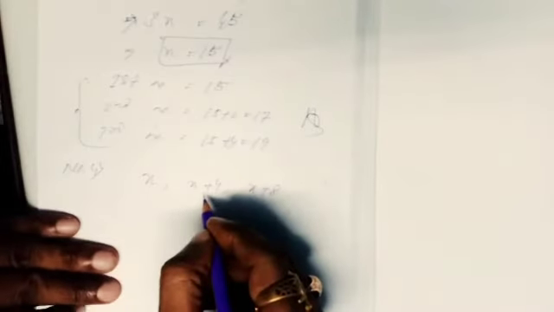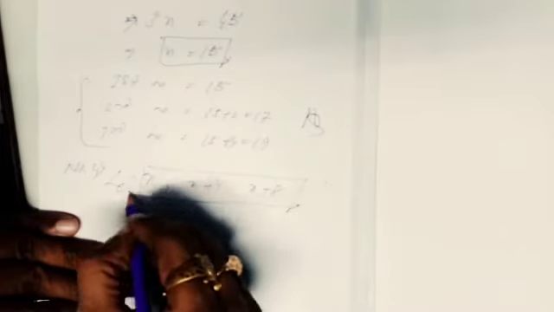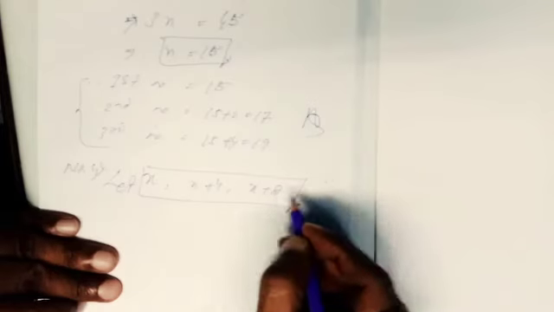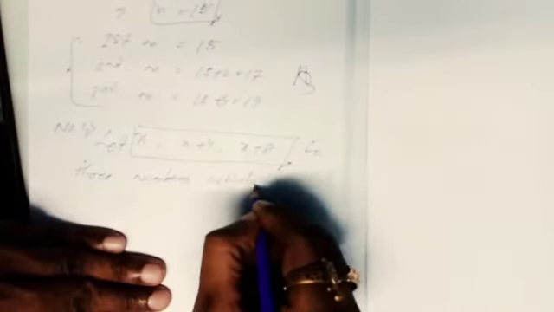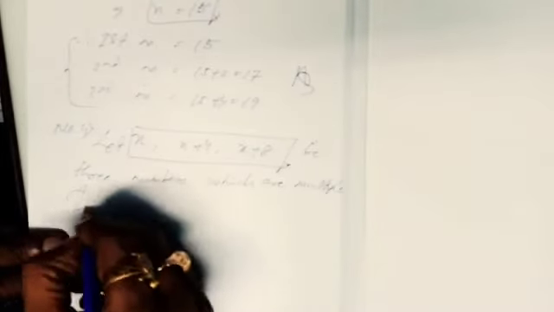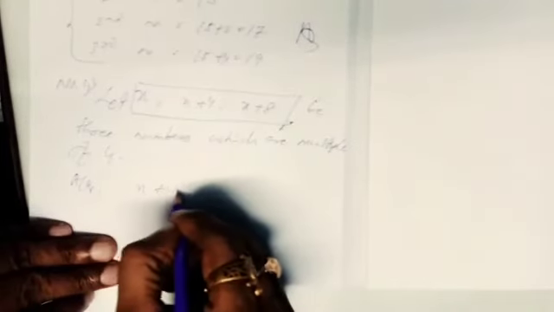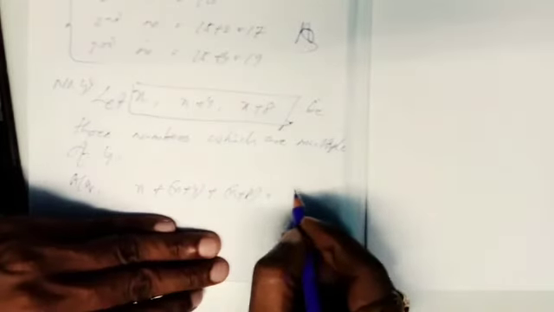These are three consecutive multiples of 4 that we have taken. So according to the question, the sum of these numbers means x plus x plus 4 plus x plus 8 equal to how much? 252.